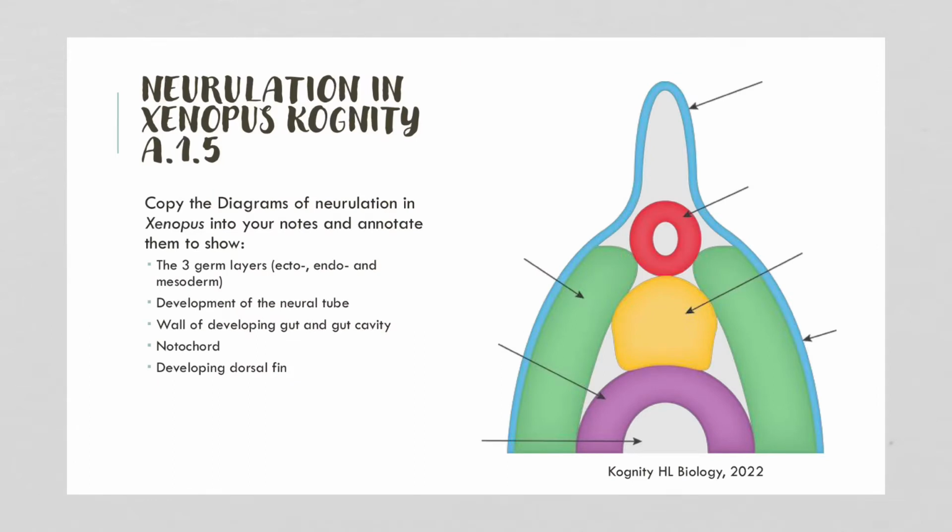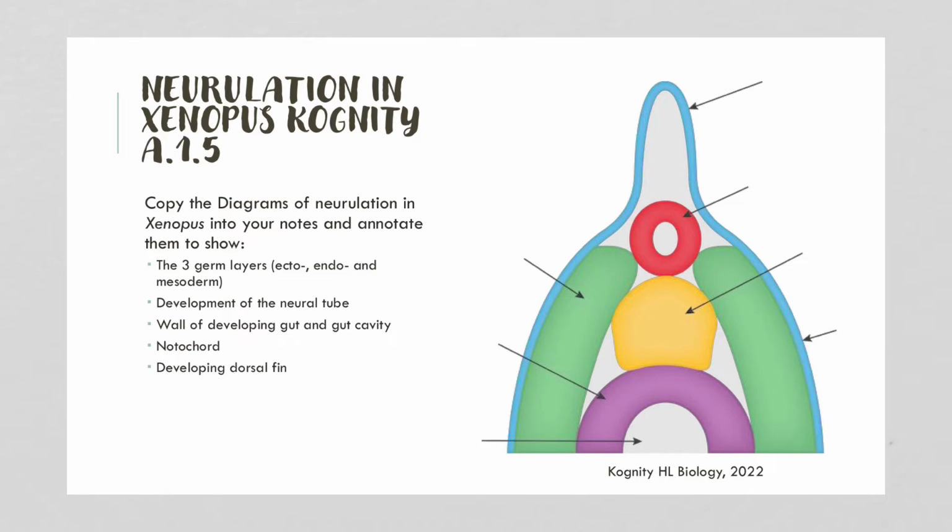So one of the skills for biology for the option is to demonstrate the neurulation in Xenopus. So that's an animal. And you can see this is going to be a dorsal fin, so it's an aquatic animal. You're to copy the diagram, and you need to be able to annotate to show the following.